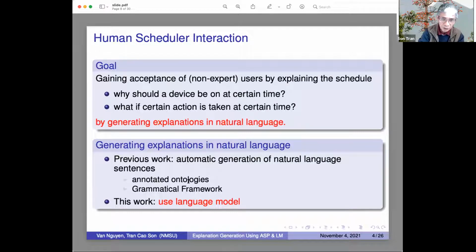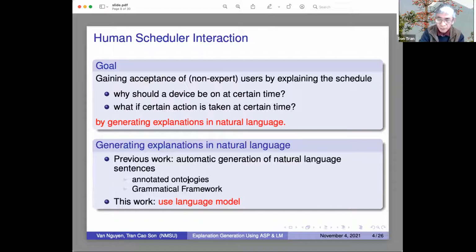Now, we have done some work in this direction previously. We use logic programming to represent all the information that we have, and we have worked with ontologies before. So we have a framework to generate natural language sentences using annotated ontology, and another one to generate natural language sentences using grammatical framework.